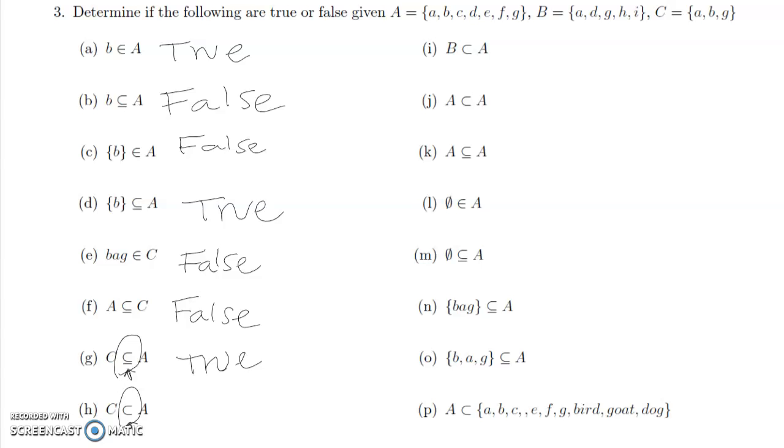The one without the bar means I do not want to consider equality. It's sort of like less than or equal versus less than in terms of those symbols. So we're looking at, well, is C a proper subset of A? So yes, we already checked that C is a subset of A, and further we can see that C does not equal A. So this would be a true statement. C is a proper subset of A.